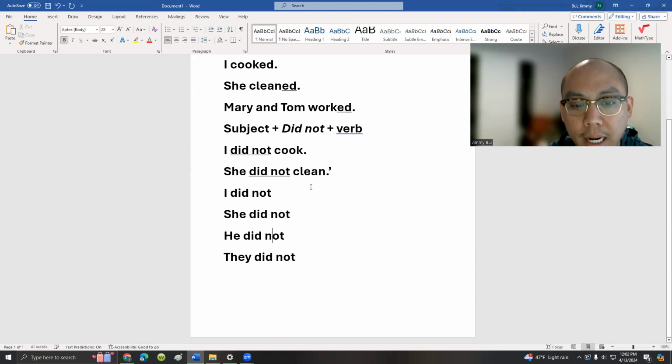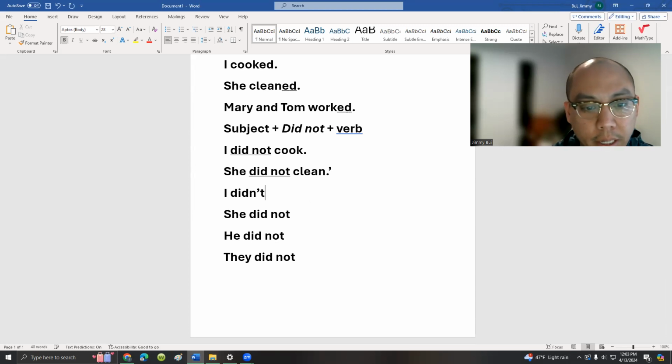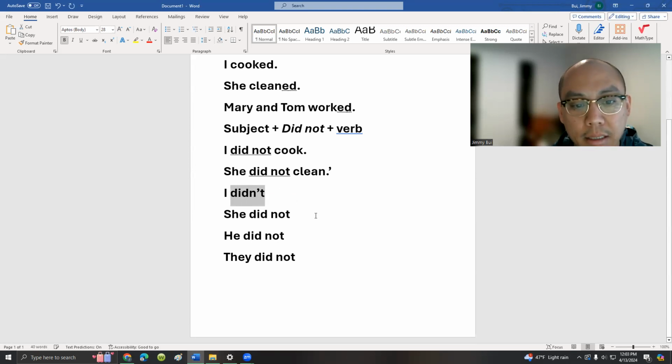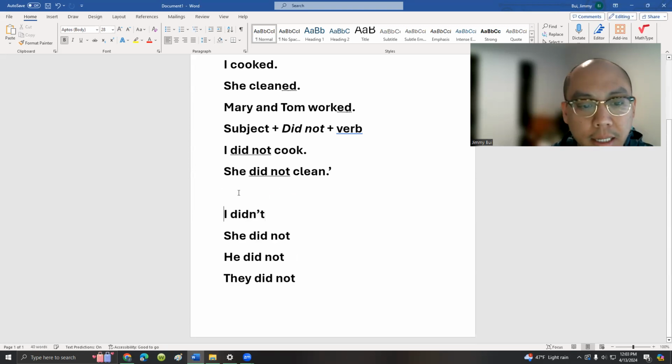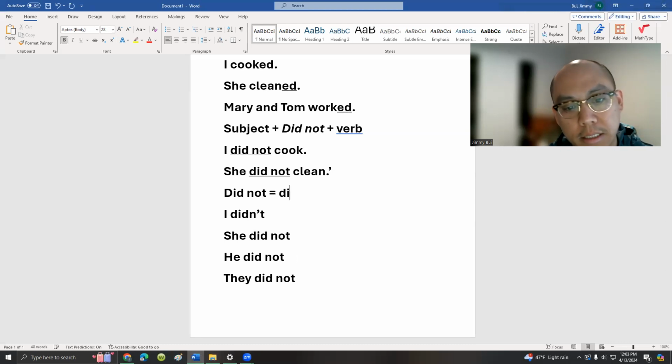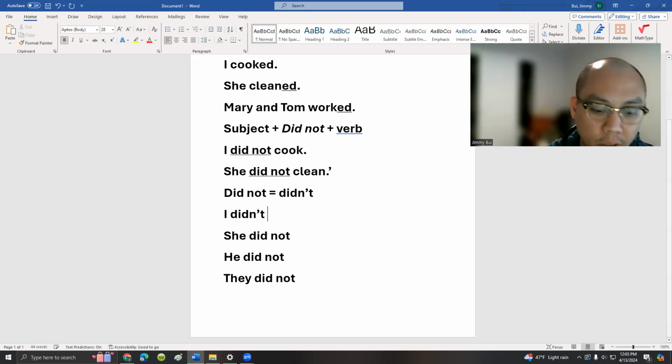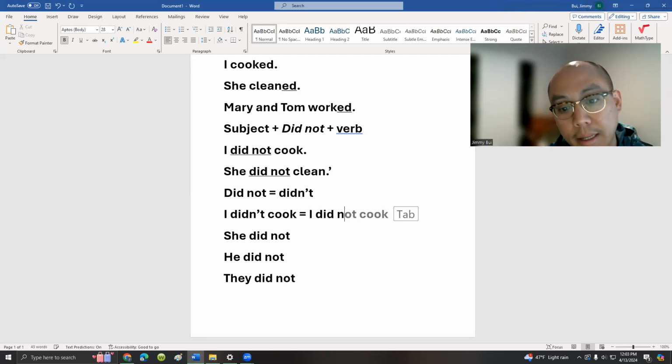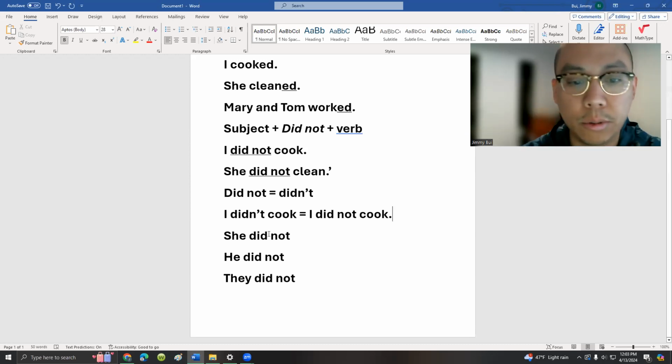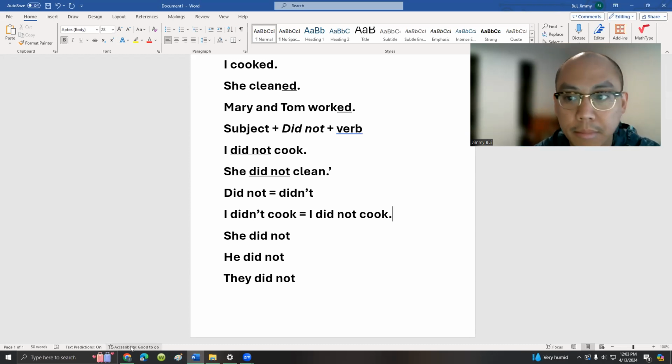Of course, did not also is a contraction for didn't. It's the same. So did not, didn't is the same. Okay. So I didn't equals I did not. The meaning for those two are the same. Okay.